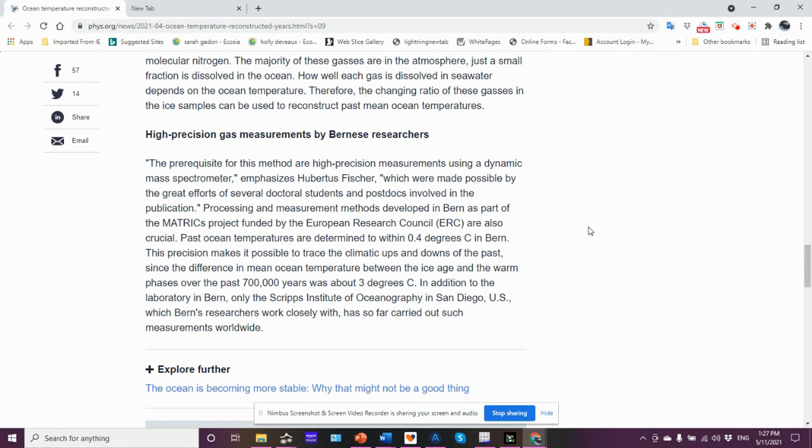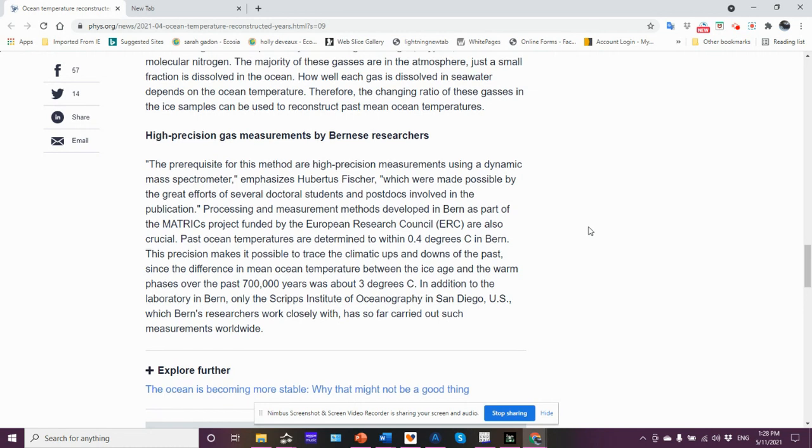Now, when you think about the specific heat content of water, and how much volume the oceans have in a mass, 3 degrees C is a significant change between glacial periods and interglacial periods.